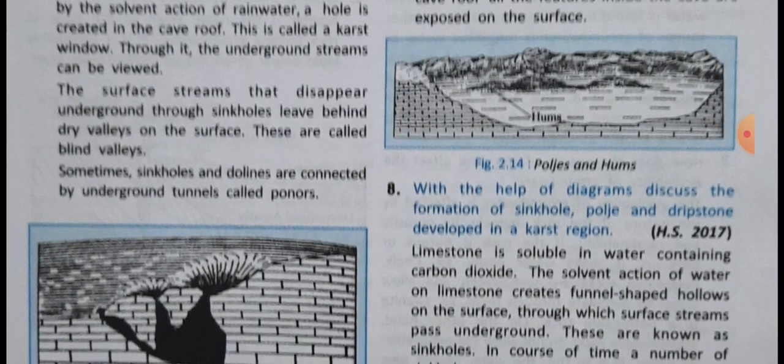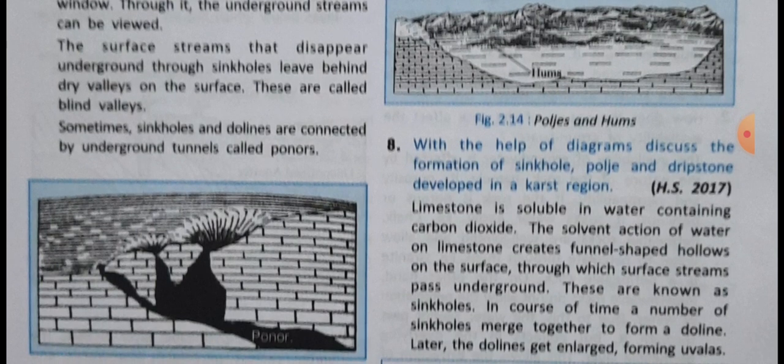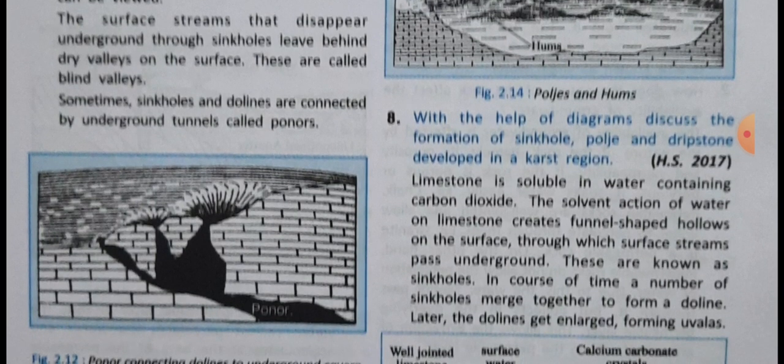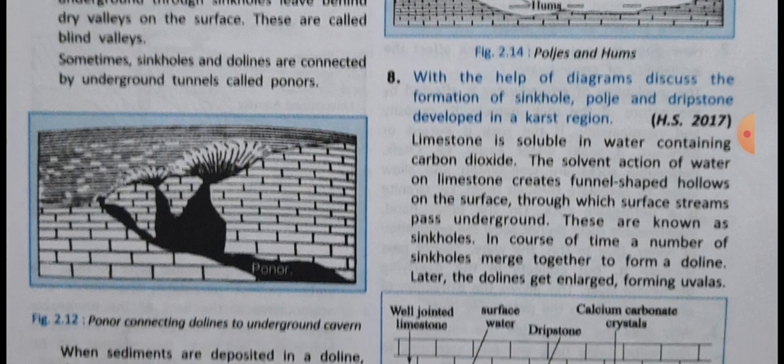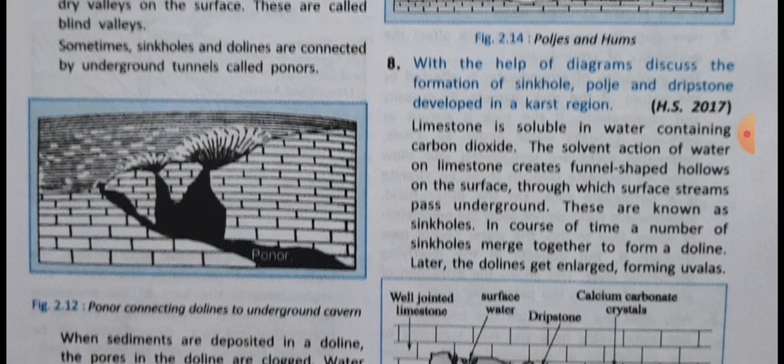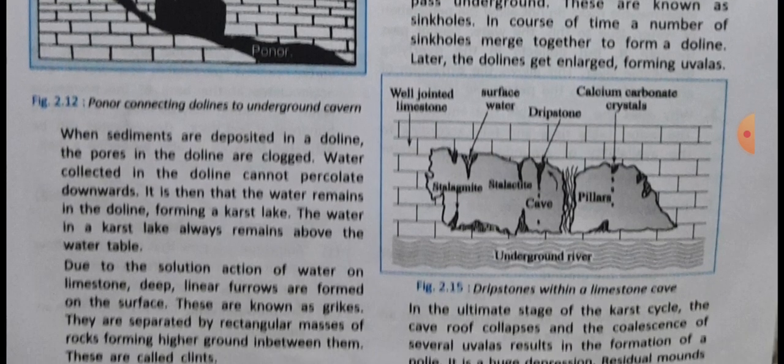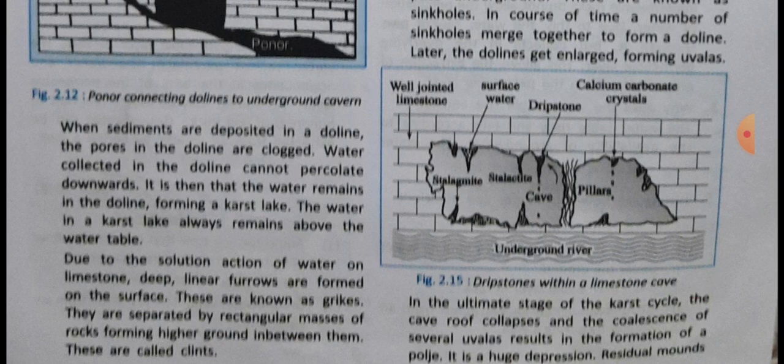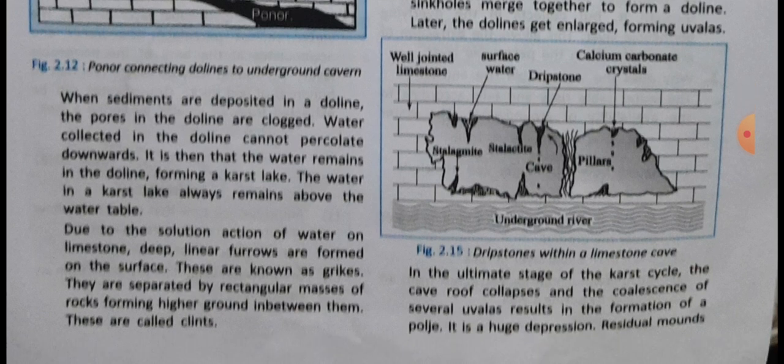These are called blind valleys. Sometimes sinkholes and dolines are connected by underground tunnels called ponors.